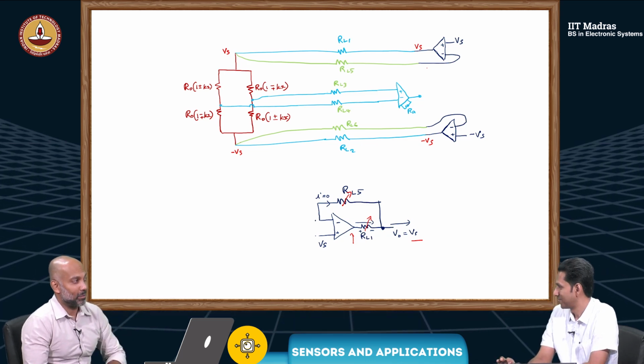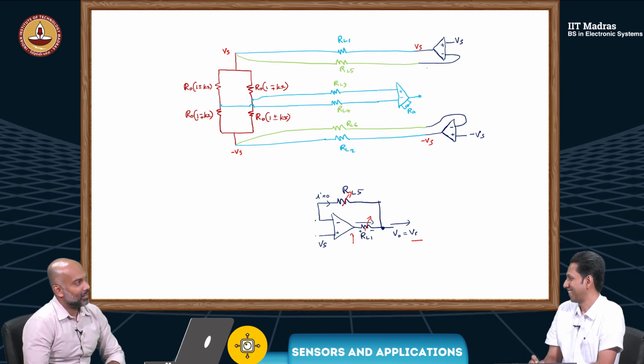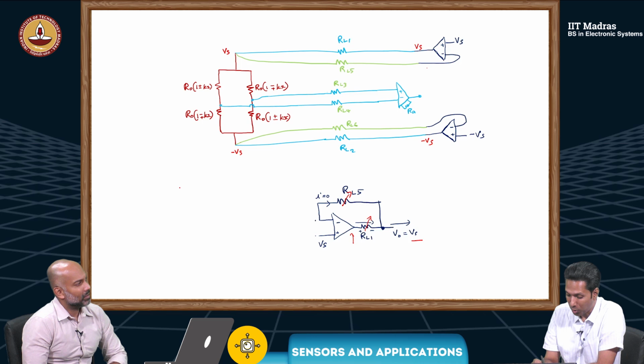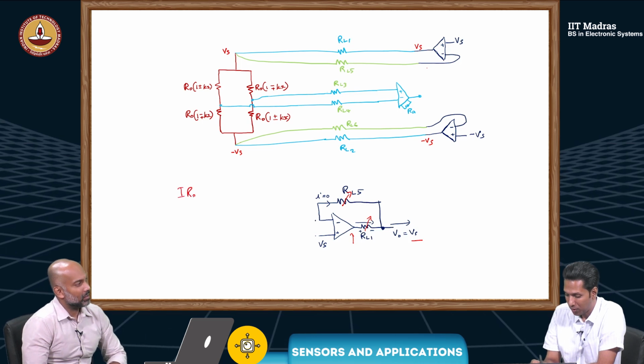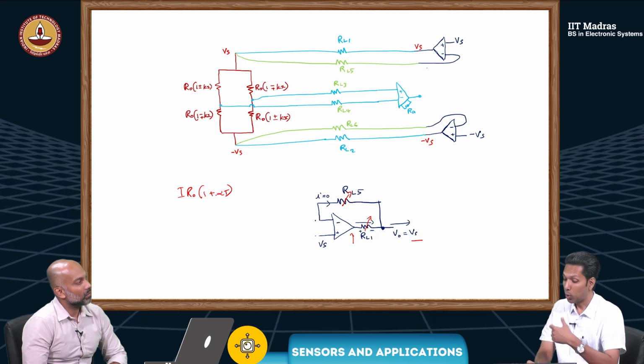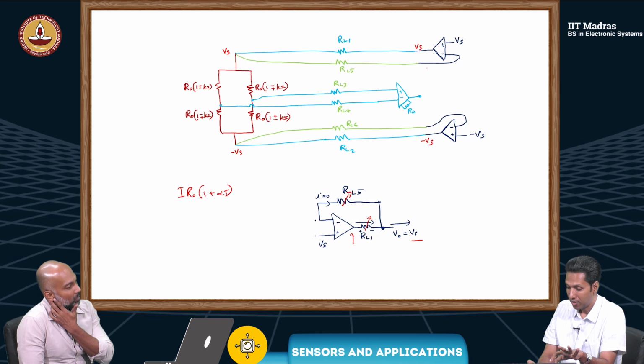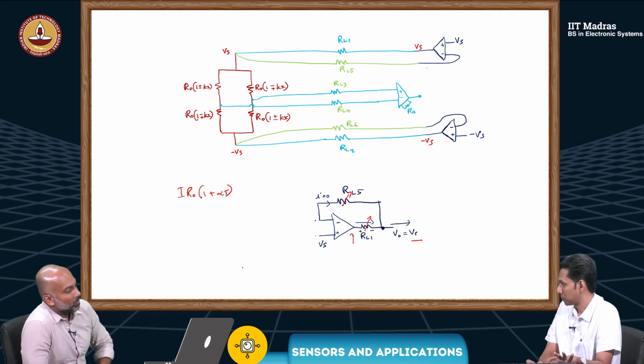Except the resistance. In this case, that problem is not there. A resistance problem, you mean I into R naught, into 1 plus alpha t? Yes. We are no more relying on the equivalent resistance of the bridge.